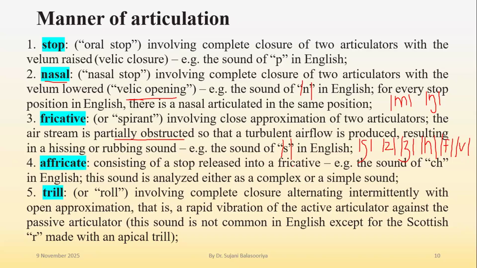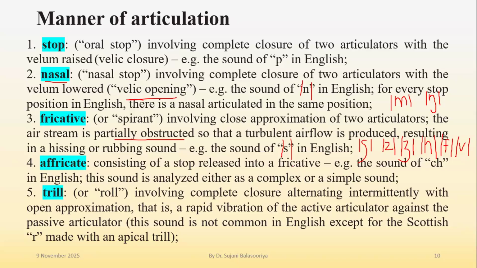In affricates, we slowly release the two articulators, producing a friction or hissing sound. So it's a kind of stop plus fricative. An affricate is a stop plus fricative because it has the qualities of both these types, right?